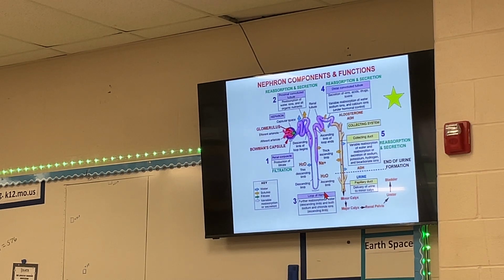Now the nephrons, the kidneys, they're the main area that is going to regulate the water balance in our bodies. So we've noticed this before, I'm sure everybody's noticed this. If you drink a lot of water, you're going to urinate a lot more, and your urine is going to be more of a pale color. Whereas if you're dehydrated, then you're not going to urinate as much, and your urine is going to be more of a darker yellow color.